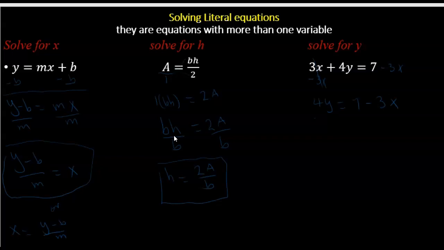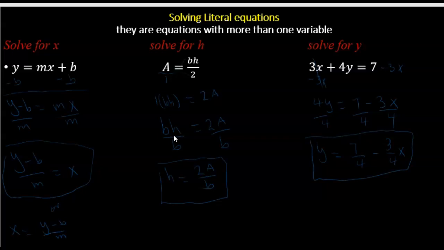So let's divide by 4 on both sides of the equation. 7 and 4 cannot be simplified. So it's going to be 7 over 4 minus 3 over 4 x. So that will be the value of y.